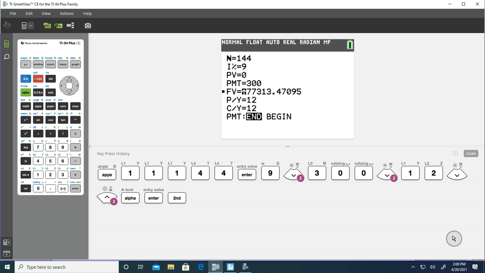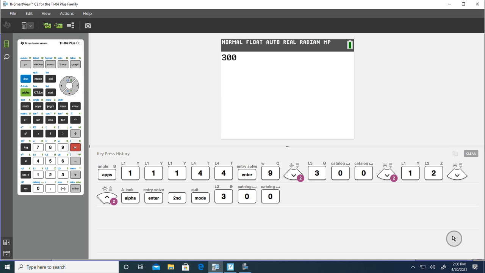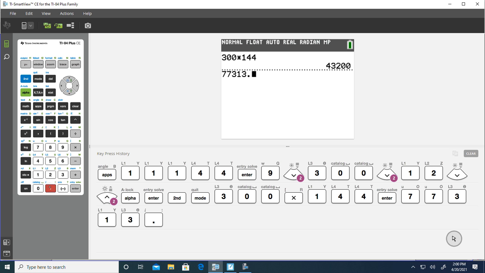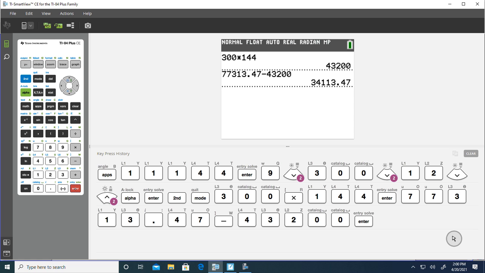So let's quit out of this. 300 times 144. So you only put 43,200 in there. They said that it made 77,313.47 minus your 43,200. So you made 34,000 in interest. Okay? Again, that's how you want to play the game when you're dealing with finances. Look what you have made because of what you have invested.